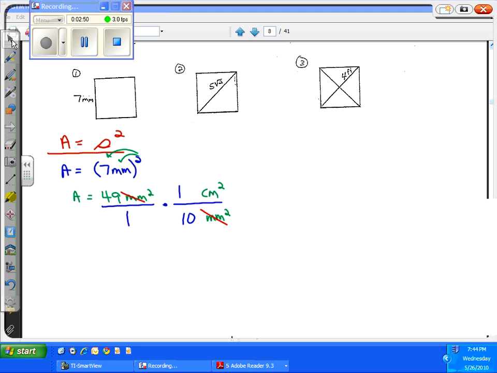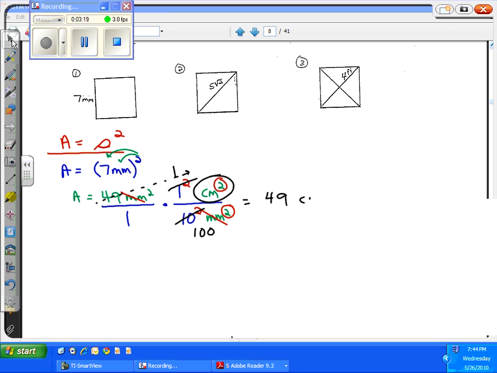But we're not dealing with milli and centi. We're dealing with square milli and square centi, so we square those conversions. 1 squared is 1. 10 squared is 100. And so we have a 1 and a 100. When we multiply, we're going to have 49 times 1 is 49.